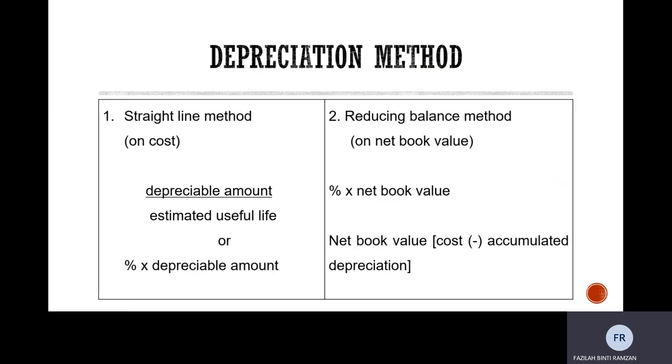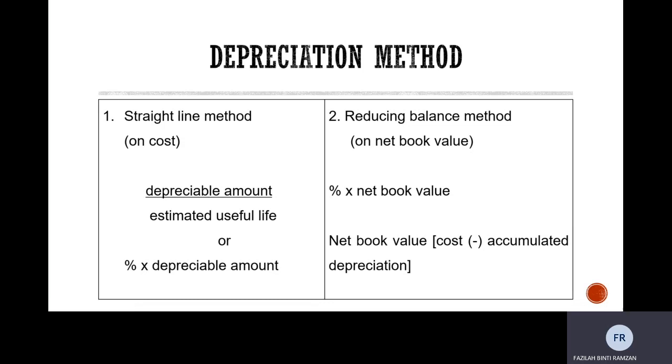So we go back to the depreciation method. In our syllabus we have two methods. The first is the straight line method, based on cost. There are two ways to calculate depreciation using this method. Depreciable amount divided by estimated useful life. Depreciable amount means cost minus scrap value, only the amount that can be depreciated.